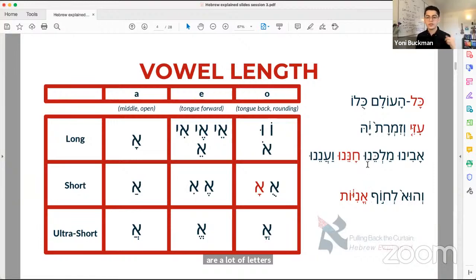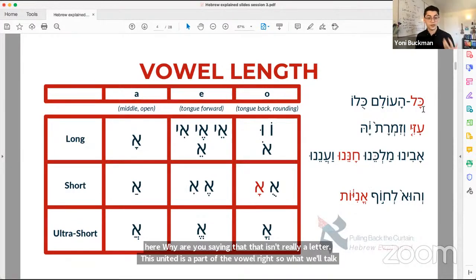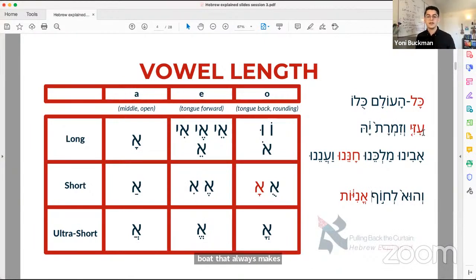But what I hope to do throughout this session is to explain, in these three examples at the top, Kol ha'olam kulo, why the seemingly A vowel under the kaf makes an O sound. Similar in the phrase ozi, vizimratia, why does this make an O sound?